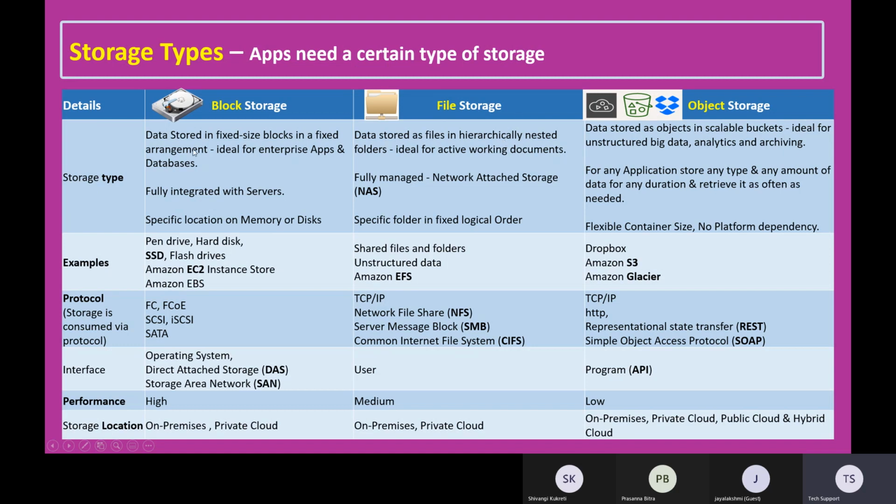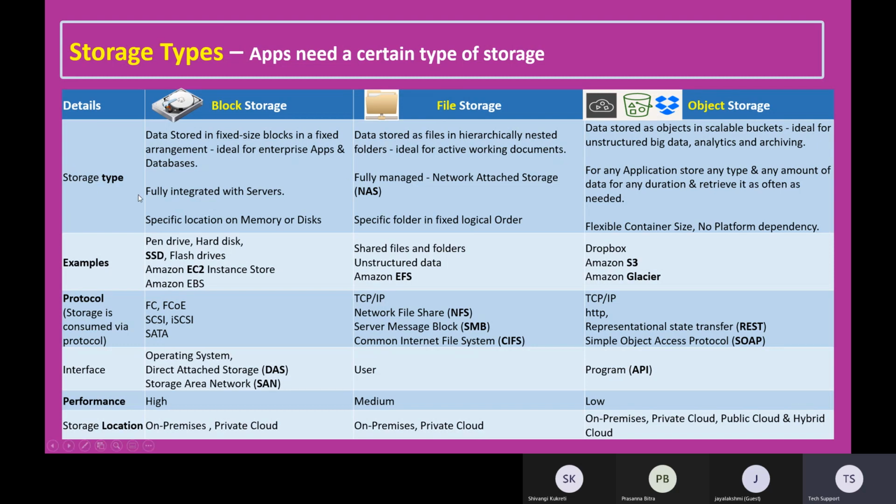In the real-time scenario, either in traditional storage or in virtualization, the main storage types are only these three: first block storage, second file storage, and third object storage. And this is also one of the interview questions. Most interviews will ask how many types of storage we have. You can remember to say these three types: block storage, file storage, and object storage. Now we'll start observing the differences between each storage.